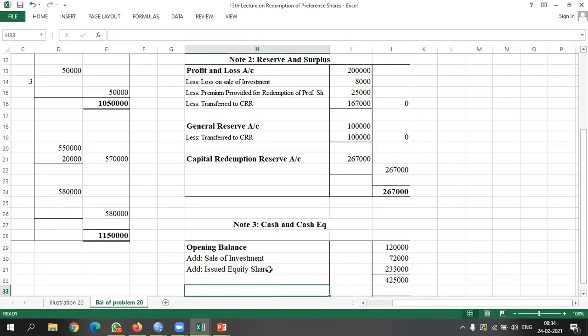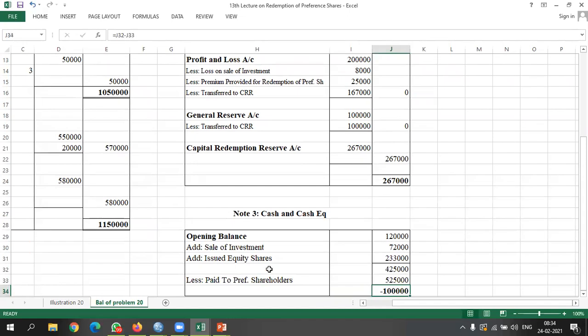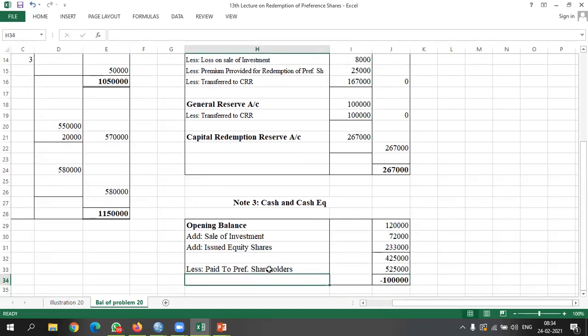Total we have 4,25,000, and we paid to preference shareholders. How much? 5,25,000. So there is a bank overdraft of 1 lakh rupees.